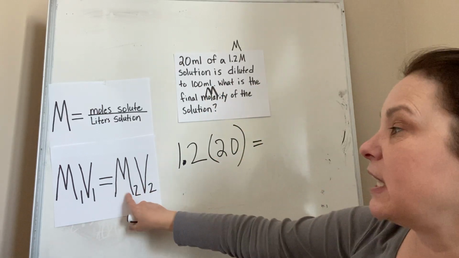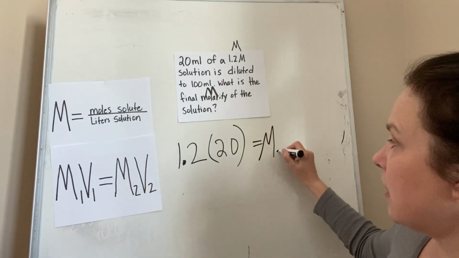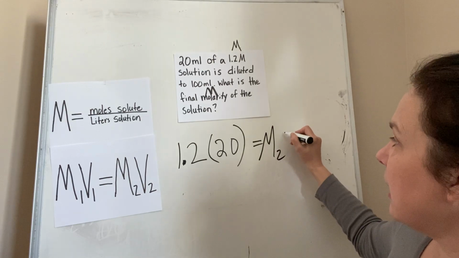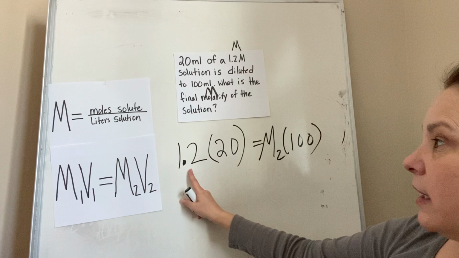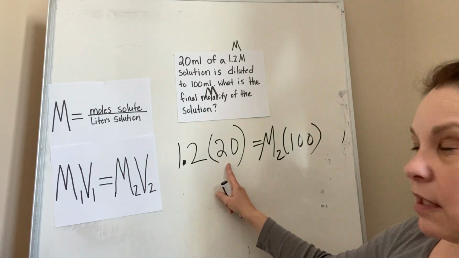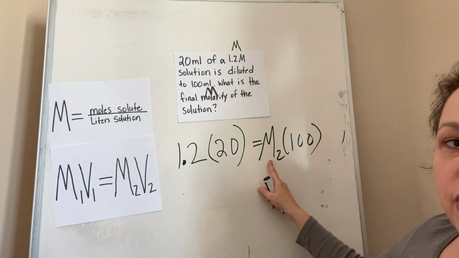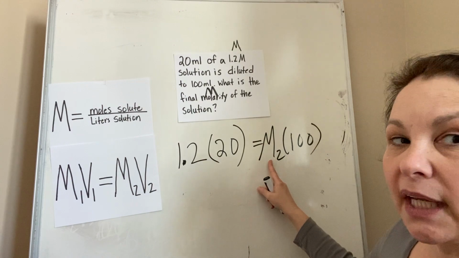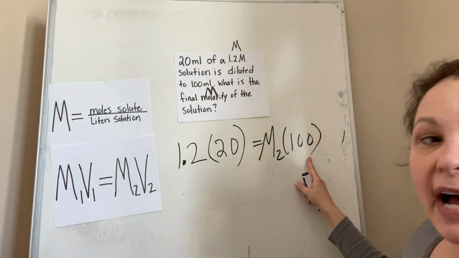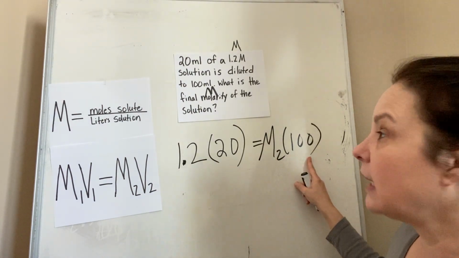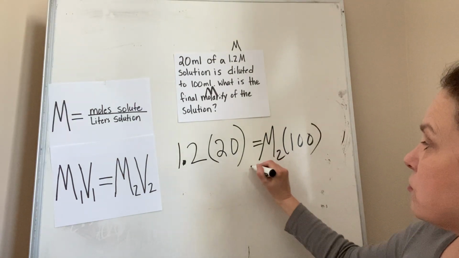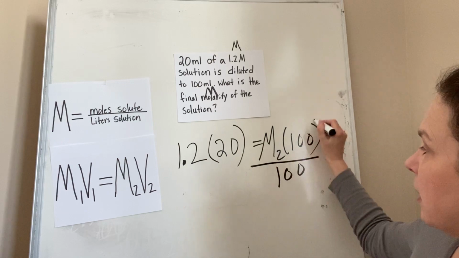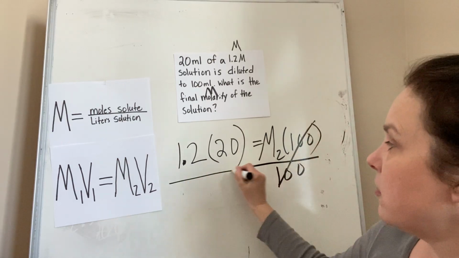And we already established that we're solving for the M2, right? And then 100. So again, M1, V1. We're solving for the M2, which is the final molarity, and this is the final volume that I diluted it to. So we're just going to do algebra here. This is my unknown, so we're going to divide out that 100 to isolate the variable.